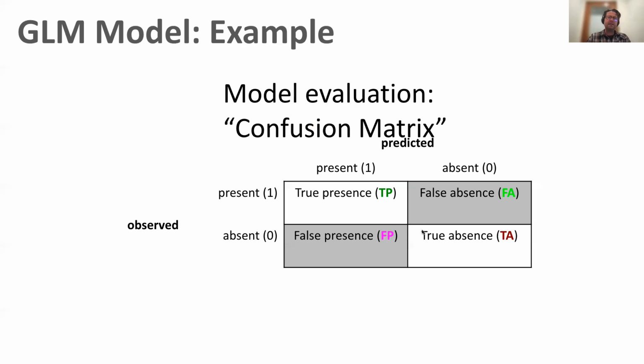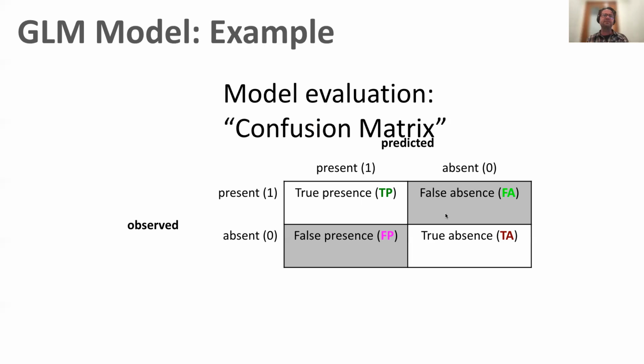So this is our truth diagonal, and the inverse of that is the false diagonal. If we had a perfect model, we would predict 100% presence, 100% absence, and 0% here and 0% here. That's perfect. If we had a terrible model, you would just flip those numbers.